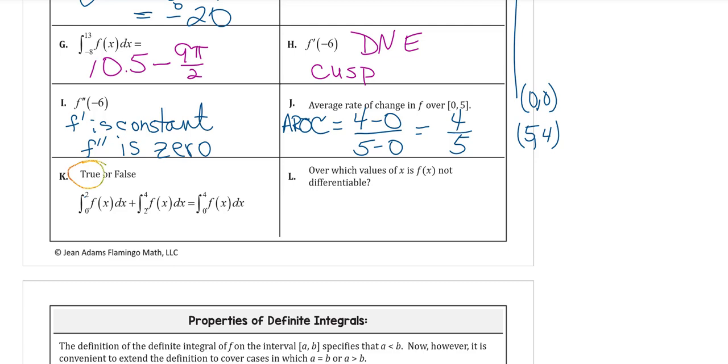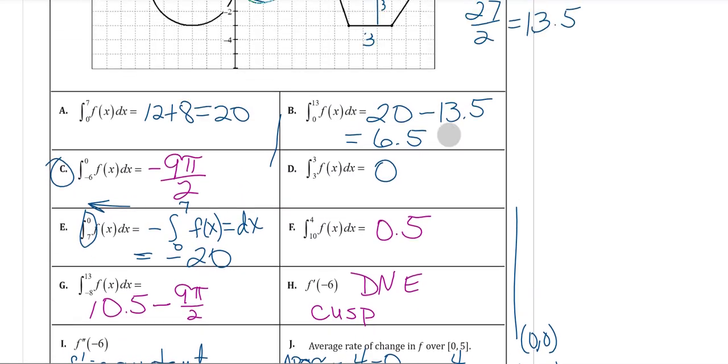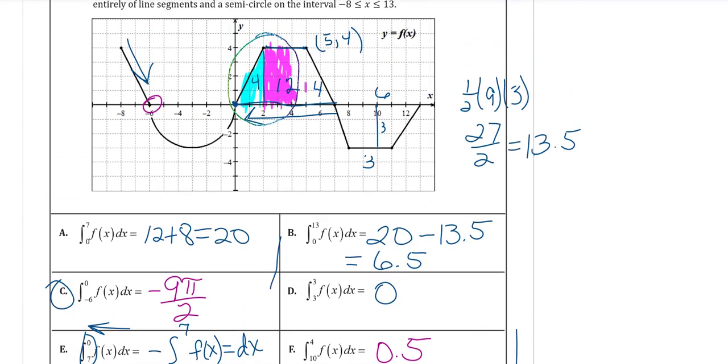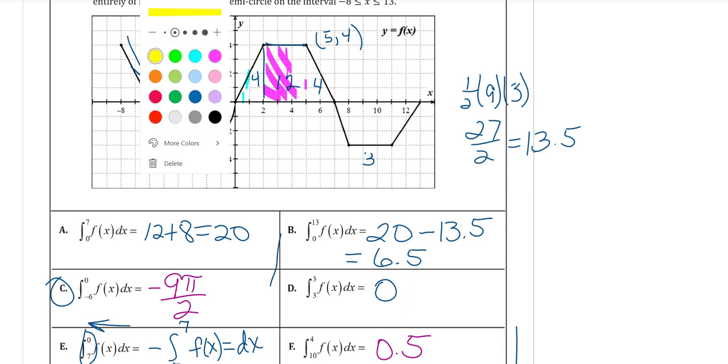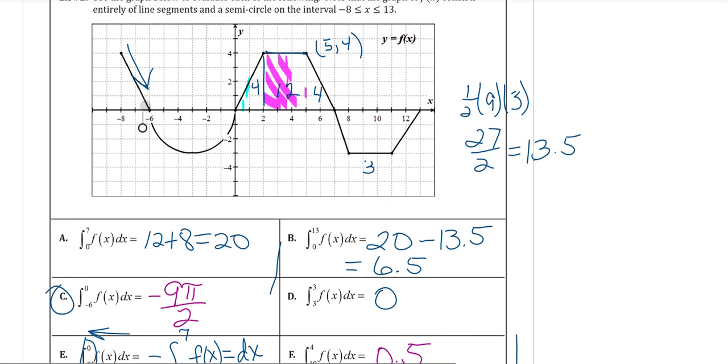Over which values of x is f of x not differentiable? So it's going to be everywhere we hit a hard corner or a cusp, and there are several of those. Let me clean the graph up here a little bit so we can see the x-axis. So for that one, we will see that we have a corner here. We already talked about that at -6. We have one at 0 where we go back from the semicircle to the line.